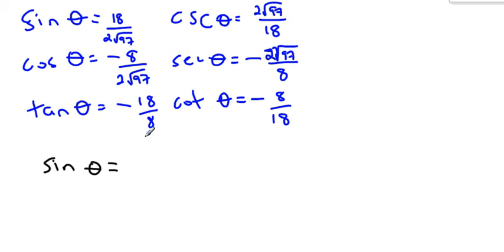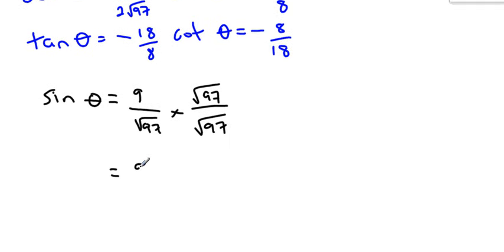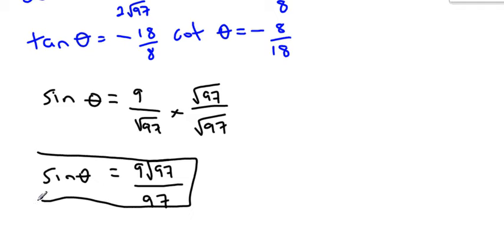So 18 over 2 is 9. So I have 9 over root 97. And we want to get rid of root 97 in the denominator. So we're going to rationalize multiplying by 1. So in the numerator, 9 root 97 over 97. So that's the value for sine that I would want my teacher to see and mark.